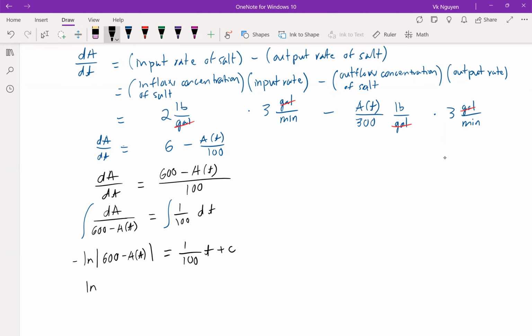So ln of 600 minus A equal -1 over 100 t minus C. Now we can take e as the base on both sides. We have 600 minus A equal e to the -1 over 100 t times e to the -C.